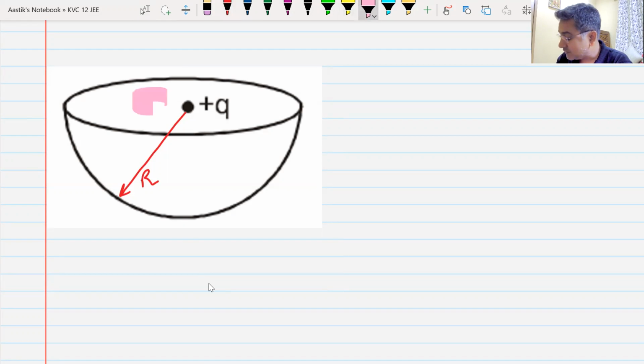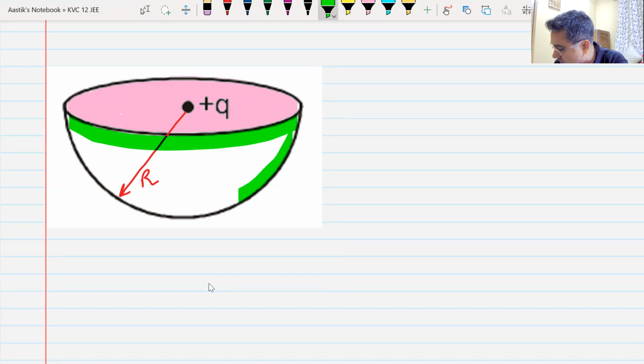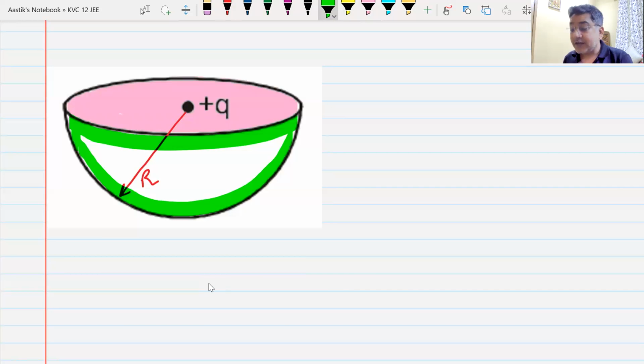One surface is this pink surface, which is known as the circular part. The other surface is this green surface, which is known as the curved part.